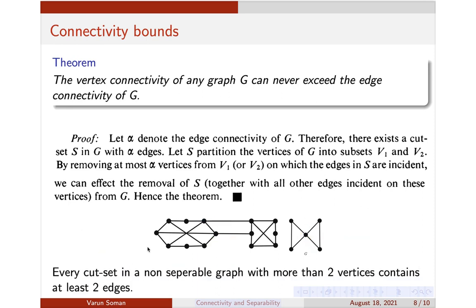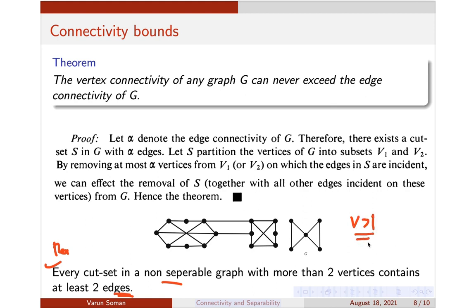Now moving forward, we can also see that every cut set in a non-separable graph with more than two vertices contains at least two edges. Can you think why is it so? You know that a non-separable graph always has vertex connectivity greater than 1.